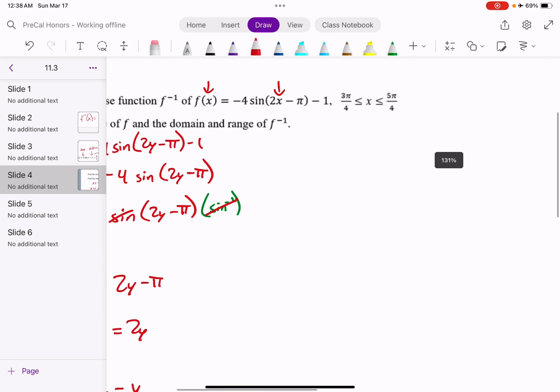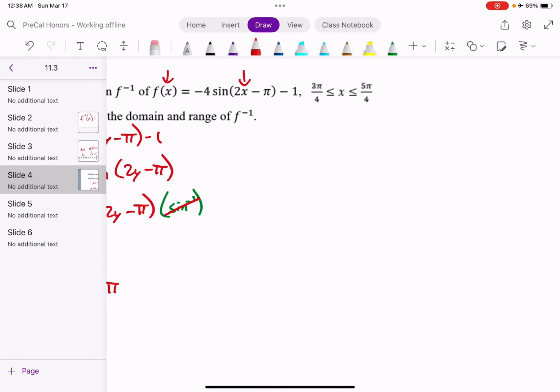Now, let's go ahead and take a look at the domain and range of our original equation. So off of our original equation, the domain would be from 3 pi over 4 to 5 pi over 4.